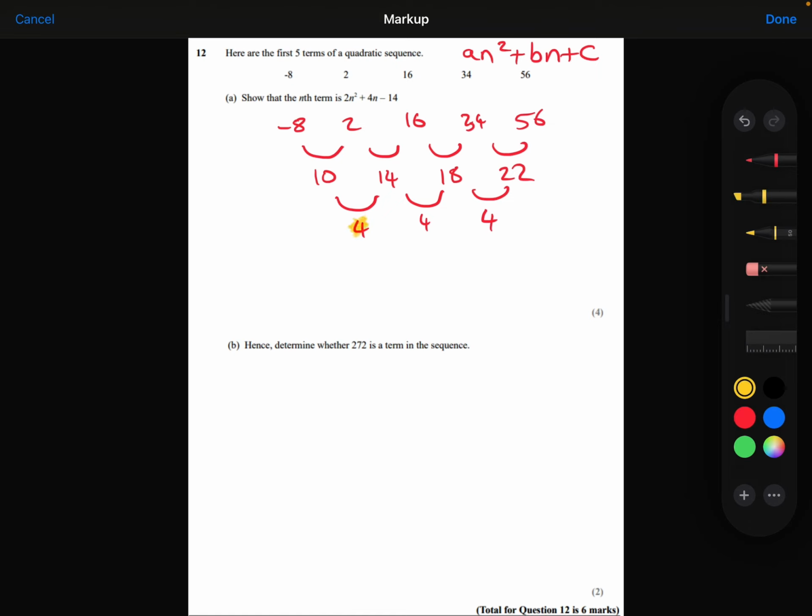I know that this number here is always equal to 2a. So 2a is equal to 4, so a must be 2. I know that this number here is always equal to 3a plus b.